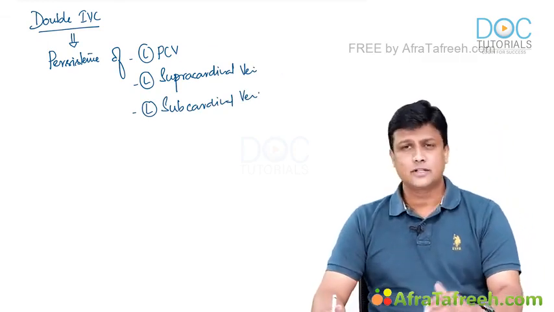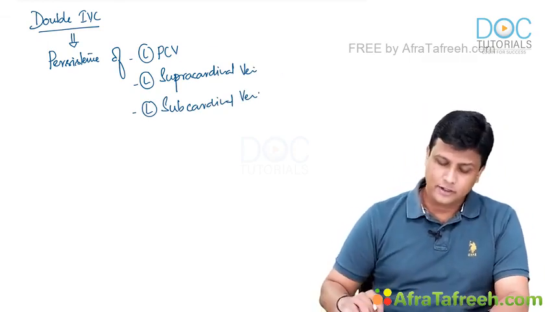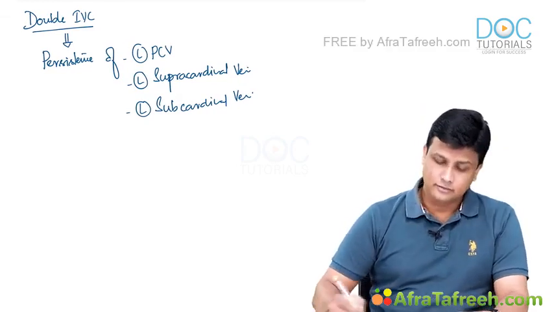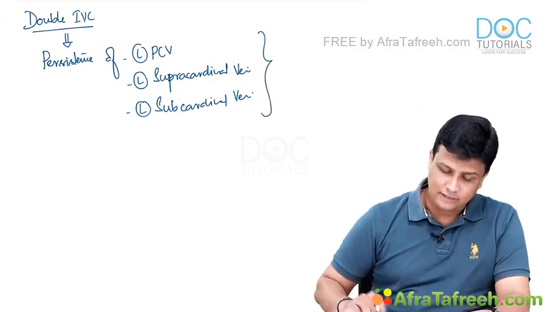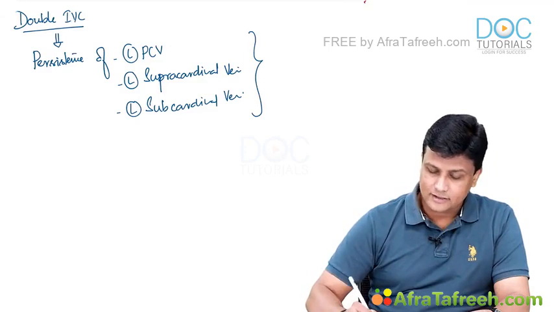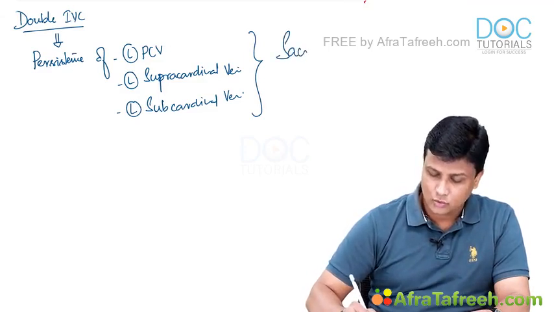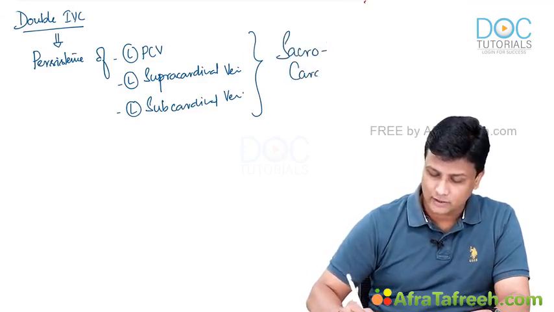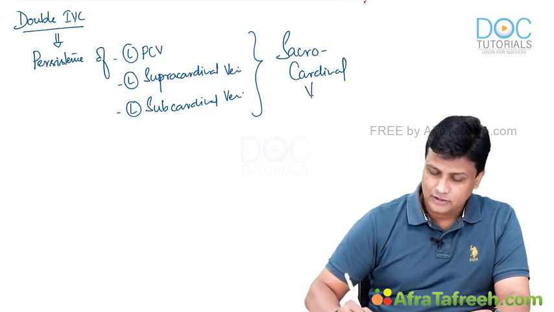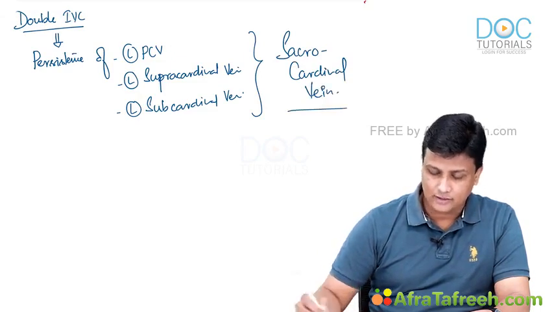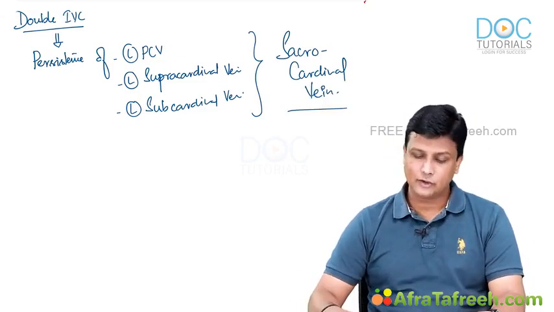So it is due to the persistence of all these veins. But the problem here is that all these veins together have been given a common term, and that is known as the sacrocardinal vein, and that was the term actually given in your exam.